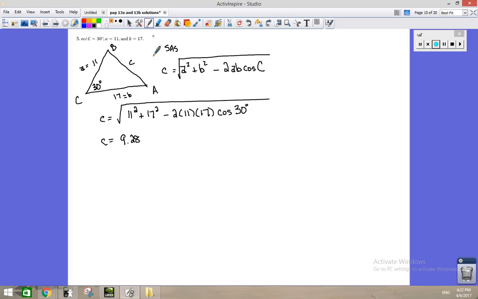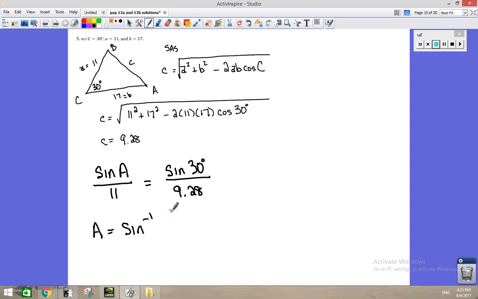I'm going to find angle A by using the law of sines. I know that the ratio of the sine of A divided by 11 is the same ratio as the sine of 30 degrees divided by this length that I just found, 9.28. So this means that the inverse sine of, I'll use this ratio, 11 times the sine of 30, and the sine of 30 is 1/2.